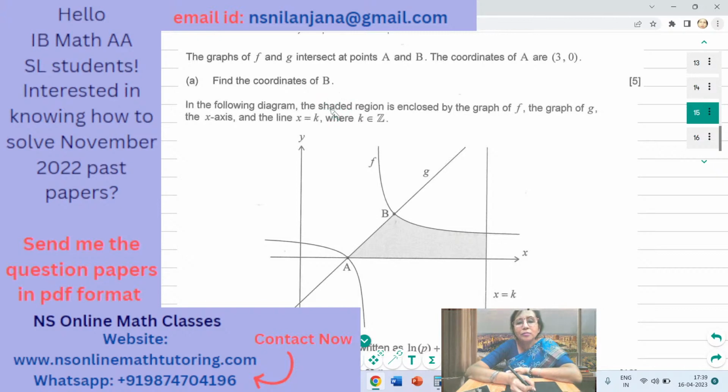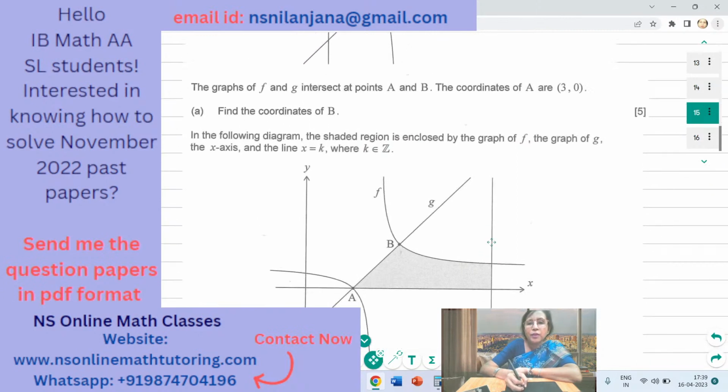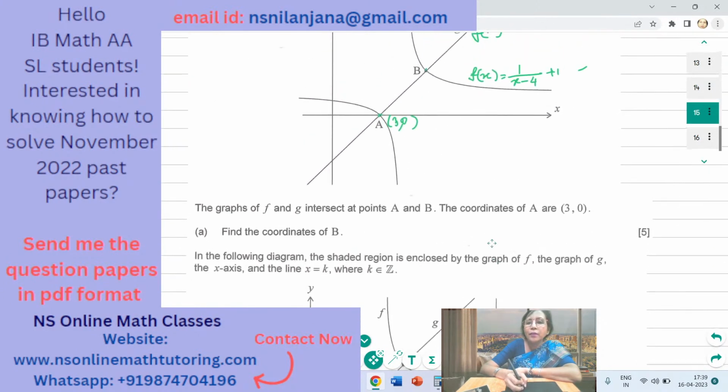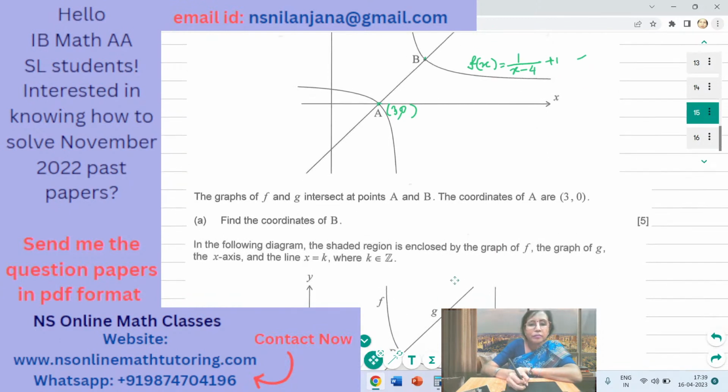They are the points of intersection, and mind you, this is a paper 1 question. You will not be allowed to use the calculator, but we have to equate the two expressions, obviously. So first of all, what is the f of x expression? It is 1 over x minus 4 plus 1.